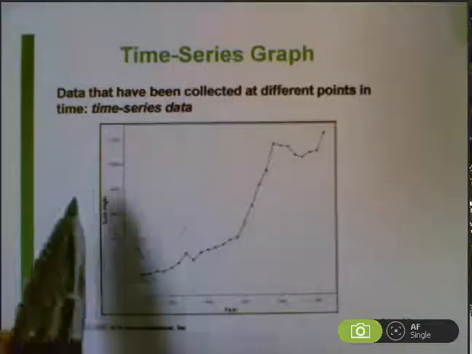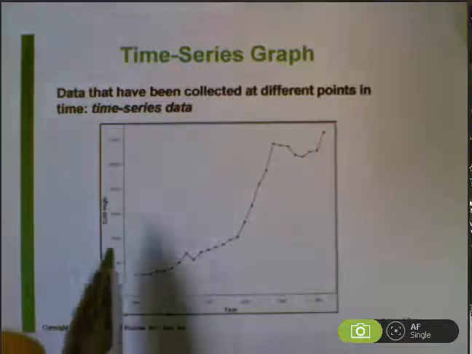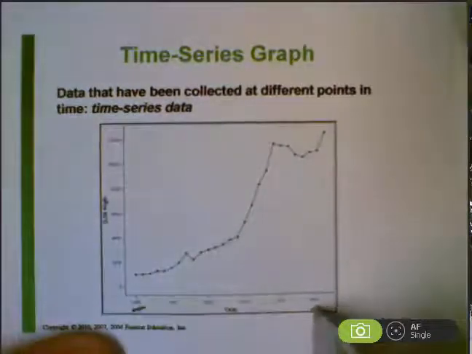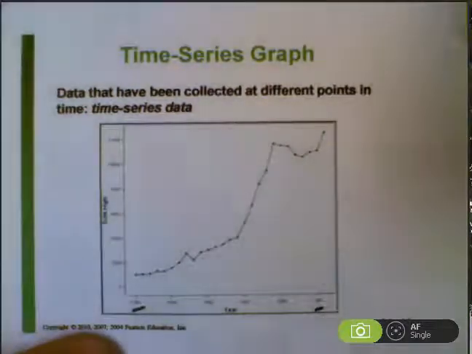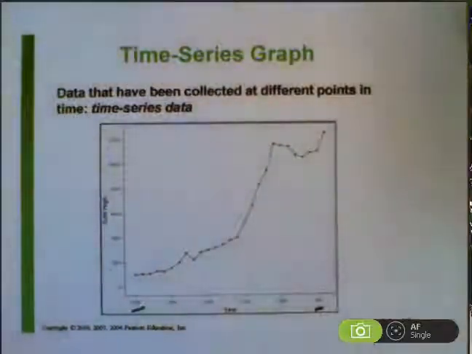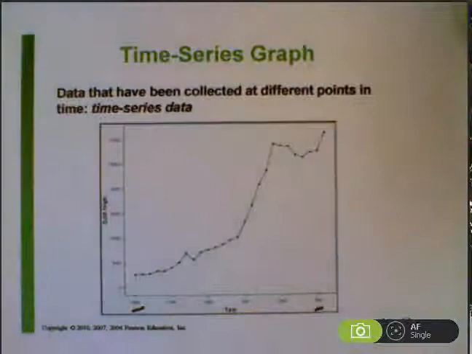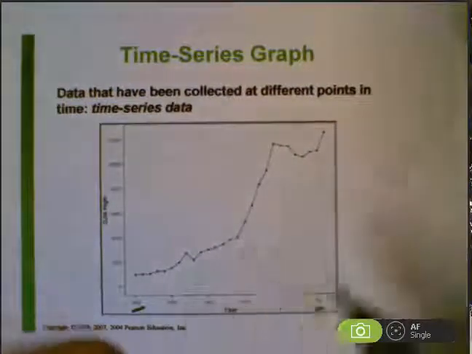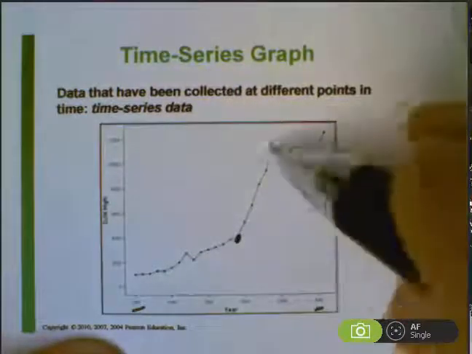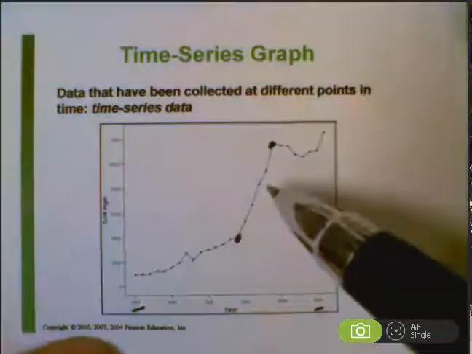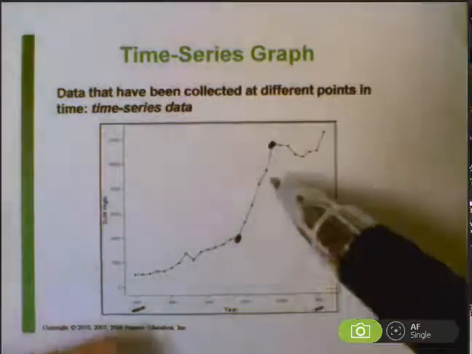This is the Dow Jones Industrial Average from the years, whatever that is, to whatever that is. Honestly, I can't read it and don't want to redo the video just so I can read those tiny numbers. But it looks like this was a time from this year to this year that there was very steep growth in the Dow Jones Industrial Average.